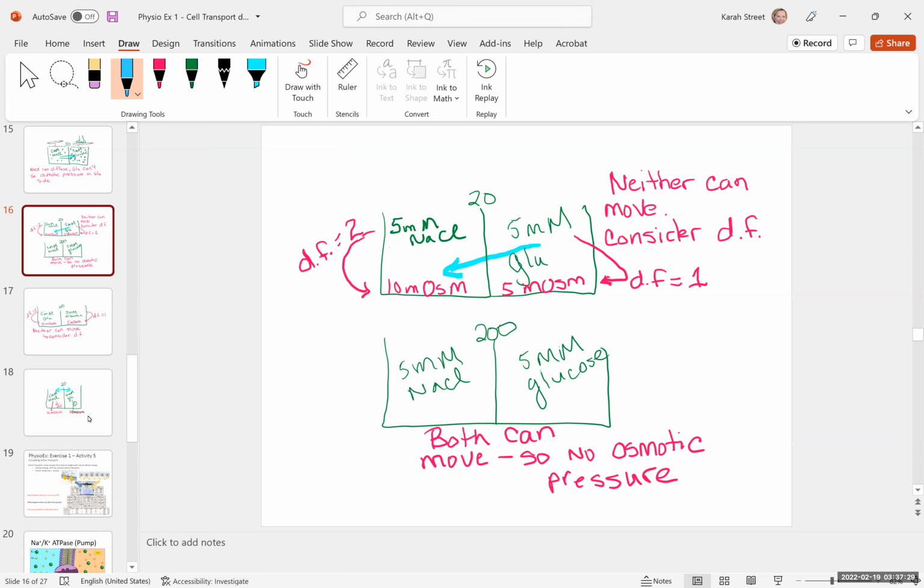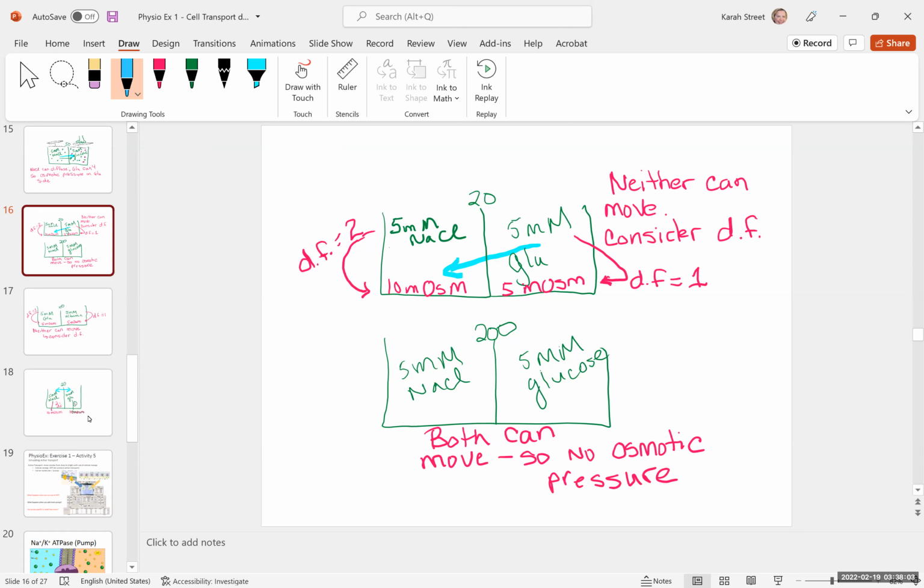Well, now we have to move to the next consideration, which is the dissociation factor. You can see on the left side that sodium chloride has a dissociation factor of 2, which means 5 millimolar would be 10 milliosmolar. In the right chamber, I've written that glucose has a dissociation factor of 1, which means 5 millimolar glucose will still be 5 milliosmolar.